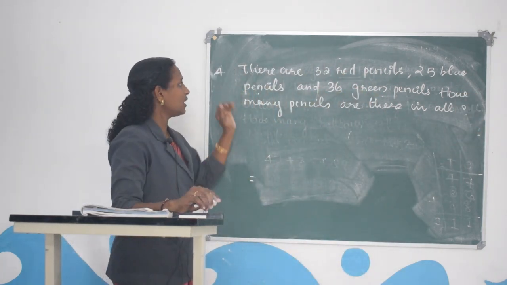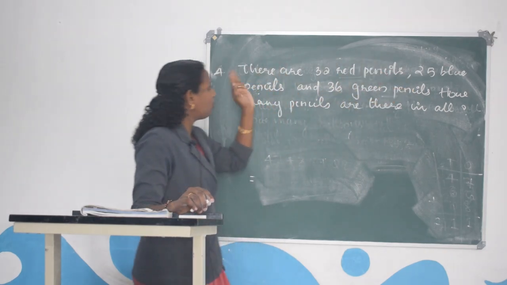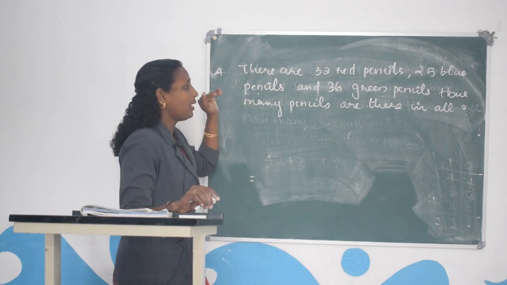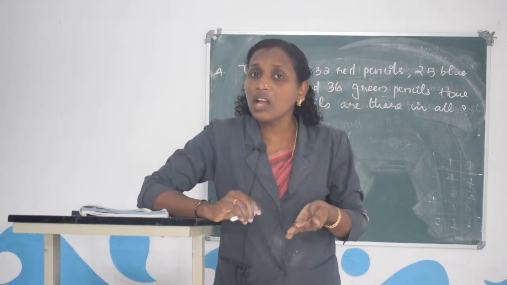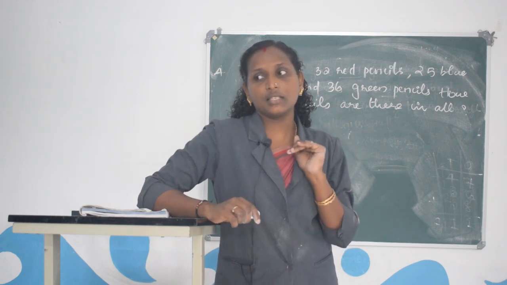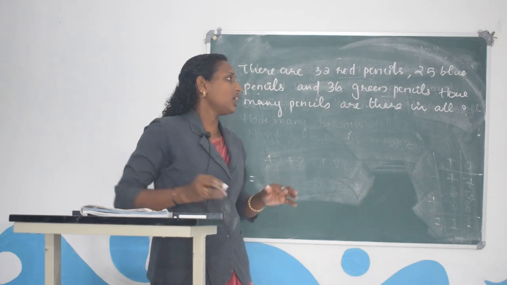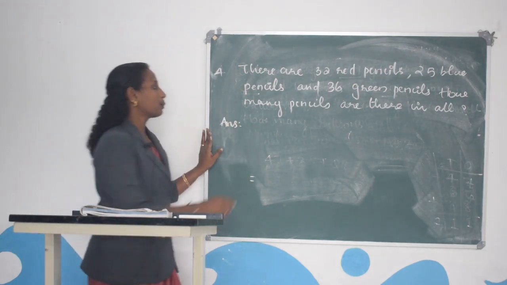So look at the next question. There are 32 red pencils, 25 blue pencils and 36 green pencils. How many pencils are there in all? That means to find the total number of pencils, to find the sum.